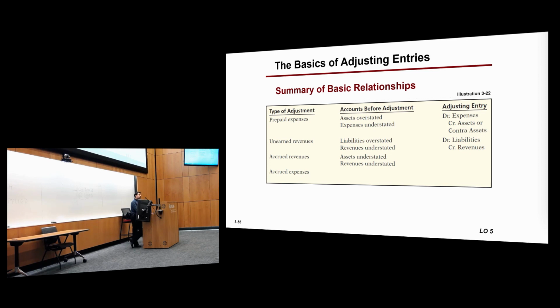You need to increase both. You debit assets and you credit revenues. Accrued expenses is where you have liabilities and expenses understated. You need to increase both of them. So you debit expenses, you credit liabilities. Any questions?